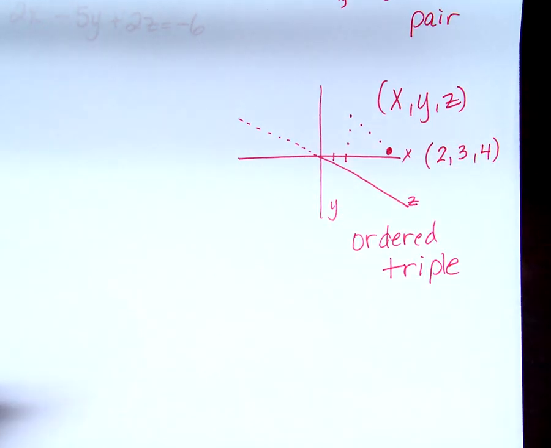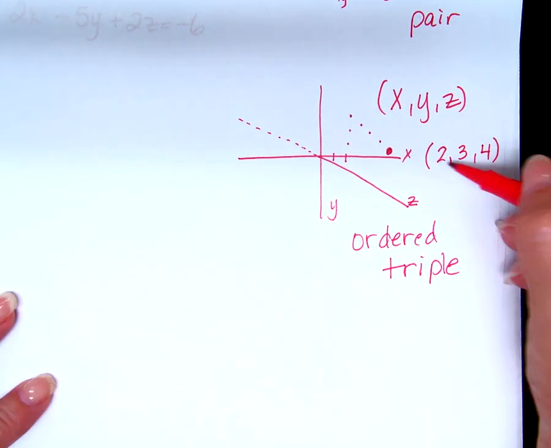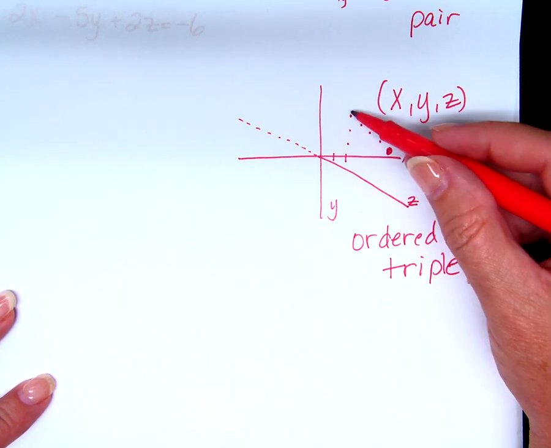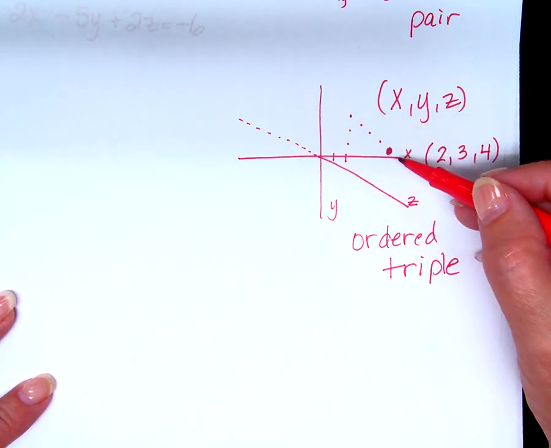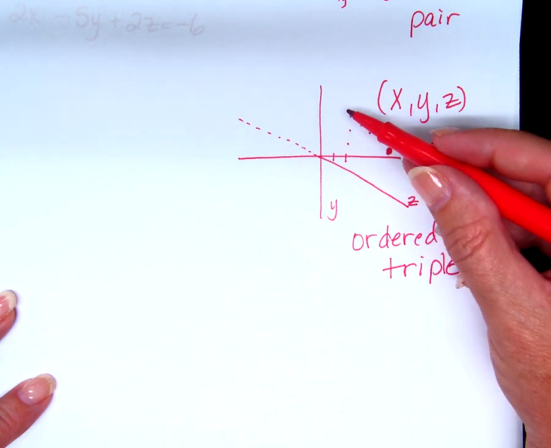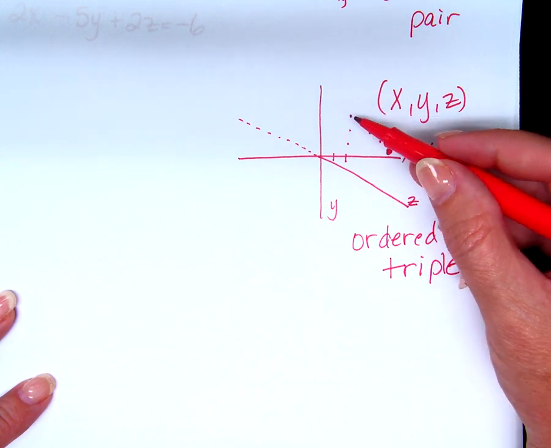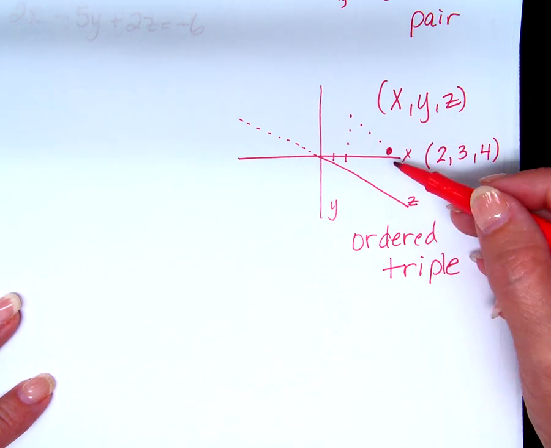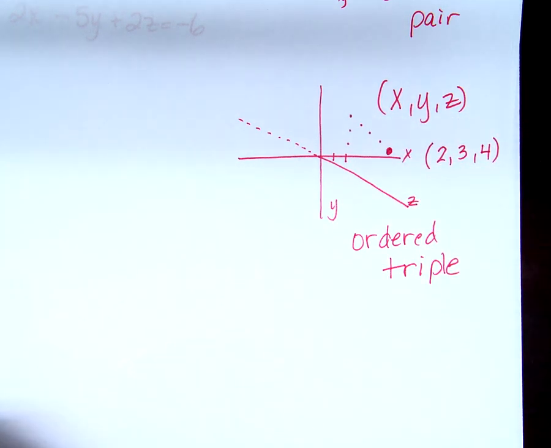Does that make sense? That's how we would graph a system with 3 variables. Over 2 on the x-axis, up 3 on the y-axis, and then out 4 along the z-axis. Since I'm in 2-dimensional space trying to graph 3 dimensions, I would just come out this way along the z-axis.